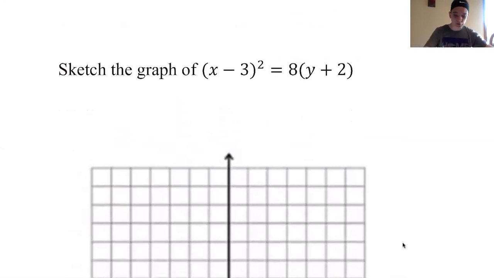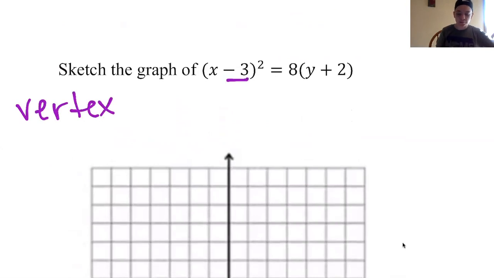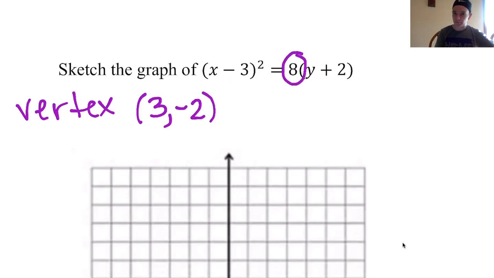So the first thing we need to pick out here is that our vertex is at (h, k). Well, x minus h would mean h is 3. Y minus k would mean that k is negative 2. Now this coefficient right here is always 4p.